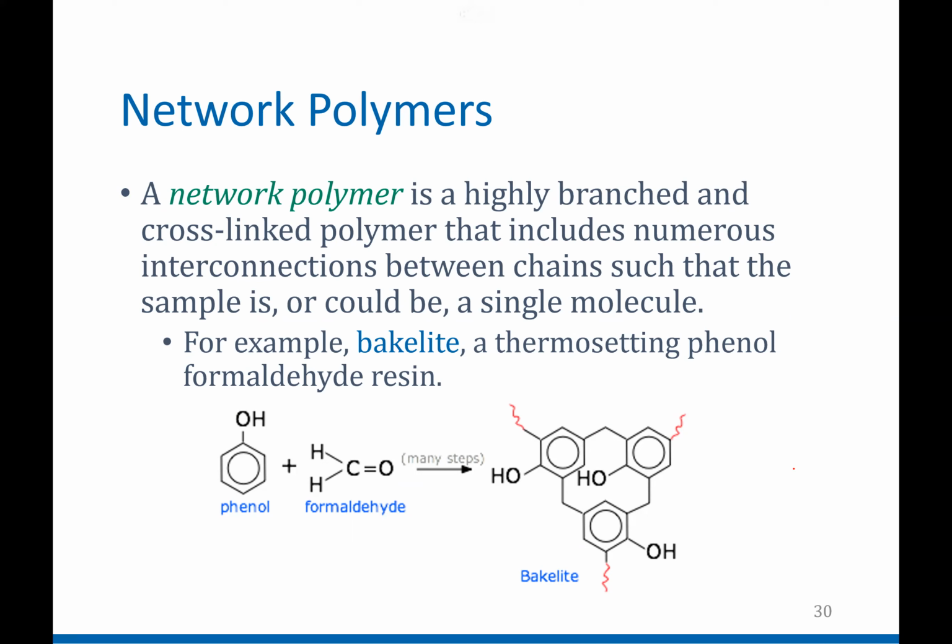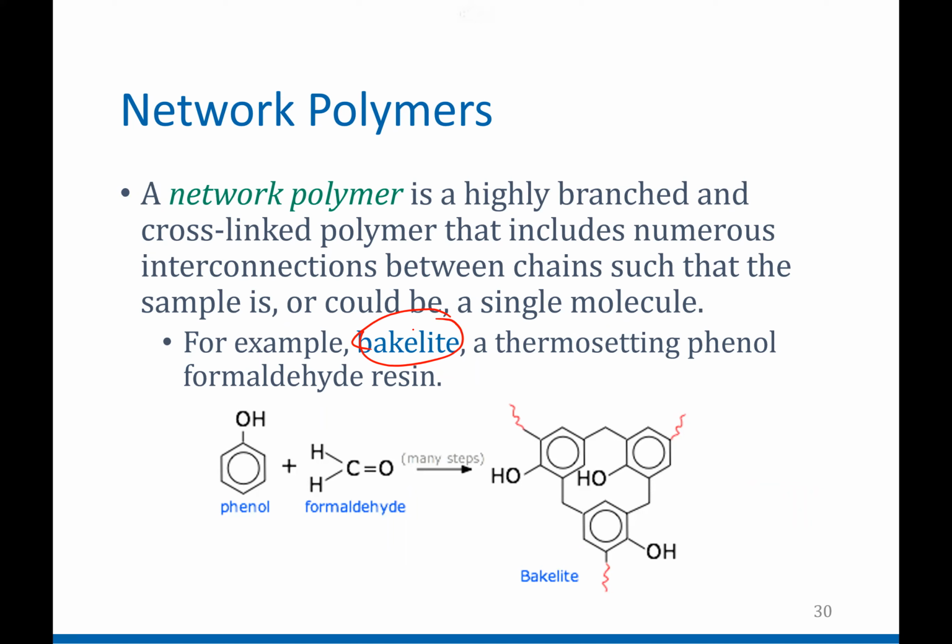So a network polymer is highly branched, with many cross linkings, many interconnections between these, and it's so highly interconnected and so complex, with so much linking going on. You get a chemical, and this is just an example of it, called bakelite. Bakelite is very brittle. It's crystalline almost in its structure.